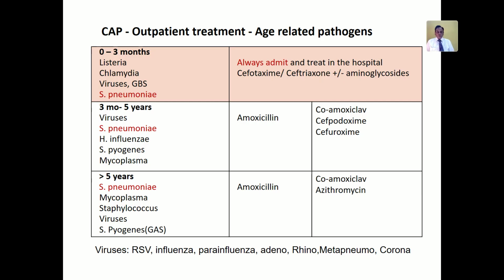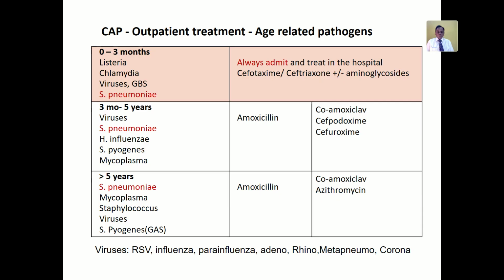Actually, studies show that Streptococcus pneumoniae is very difficult to culture, and you can get a culture positive only in 5 to 10%. But some good studies show that Streptococcus pneumoniae accounts for anywhere between 5 to 60%, and some studies even go up to 50 to 60%. That's the reason why this organism is considered a very important one.